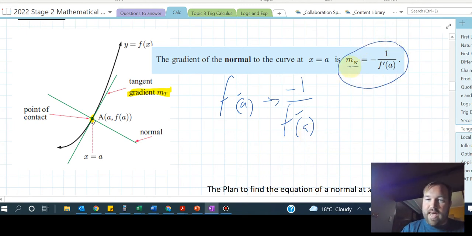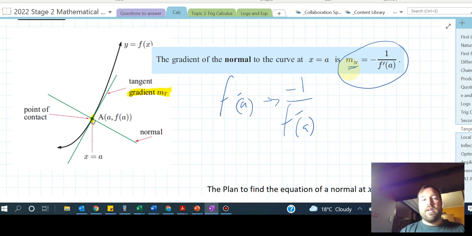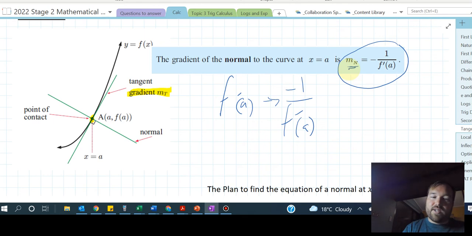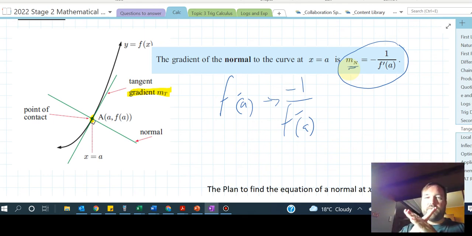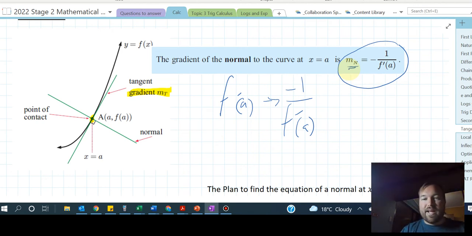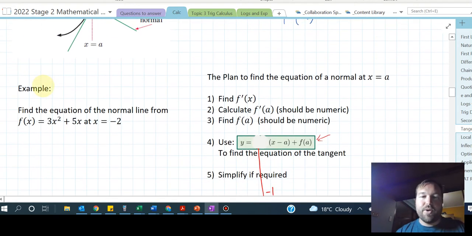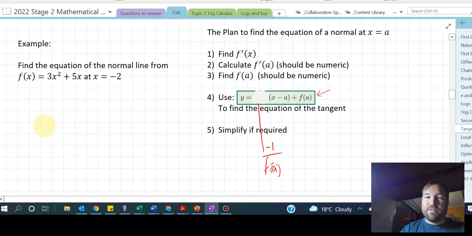So we would say mn, or slope of the normal, is minus 1 over f dash A, because we know that the tangent is at 90 degrees to it, and we can find the 90 degree slope, do you remember this from year 10, year 11? By doing the negative reciprocal, so minus 1 on the original. So our plan to find the equation of a normal line is very, very similar.